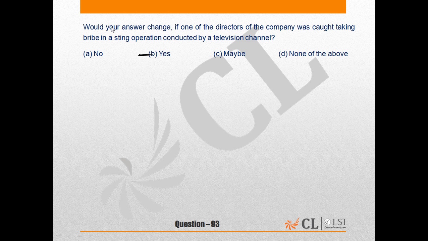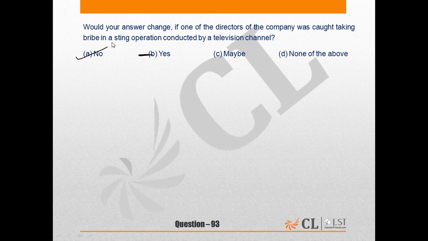Still the answer would not change, because of the reason that we have mentioned in question 92 also: the reputation of the company and the entire functioning of the company will get hindered, and because it's a public company that comes under the purview of the state, there would be a lot of unrest among the public also. So there will be public disorder if people directly start giving interviews on television and newspapers. That is why for question number 93 also the answer is option A, that the answer would not change.